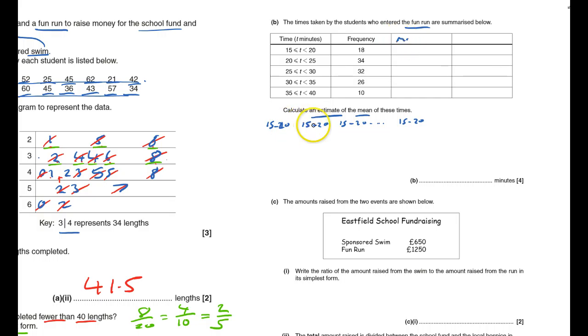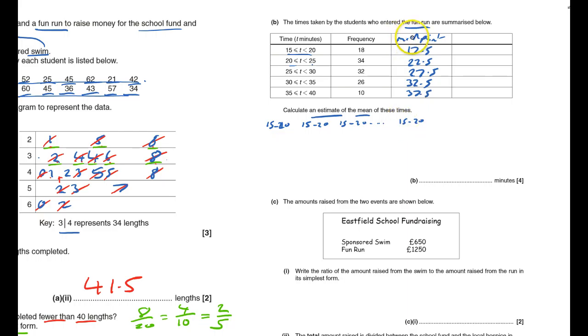So what I do is I take the midpoint. The midpoint of that would be 17.5. The midpoint of 20 to 25 will be 22.5. Then we get 27.5, then 32.5, and finally 37.5. They're the midpoints.